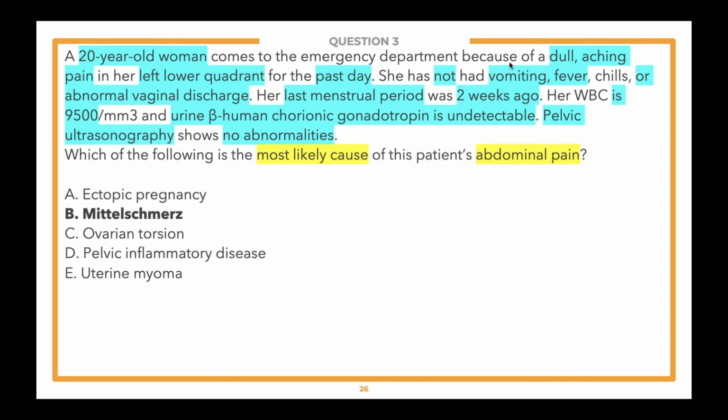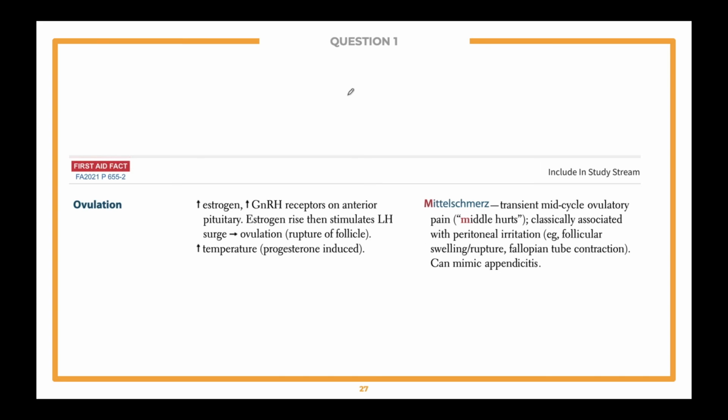So what is Mittelschmerz? Well, if we take a look at the next slide, you can see there that it actually talks about Mittelschmerz. It's a transient ovulatory pain, okay? And it can sometimes mimic appendicitis as a lower left or lower right abdominal pain, okay?